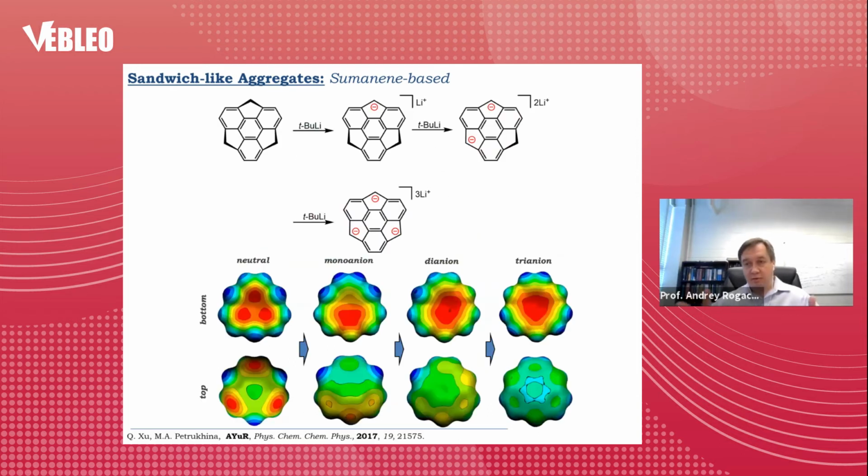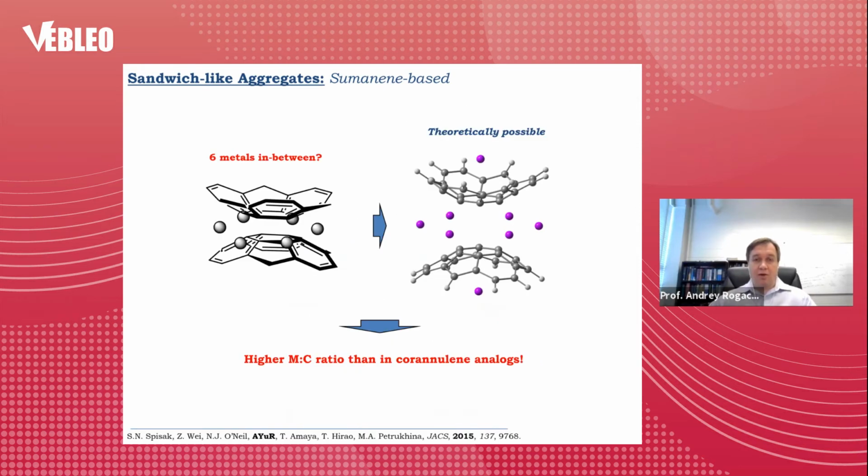But from organic chemistry we know how to make it polyaromatic. It's the same story as cyclopentadiene: how to make it aromatic cyclopentadienyl by a simple deprotonation. If we do that in three steps, we will get a completely delocalized system. Can we use this completely delocalized tri-anionic species to construct these sandwich-like aggregates?